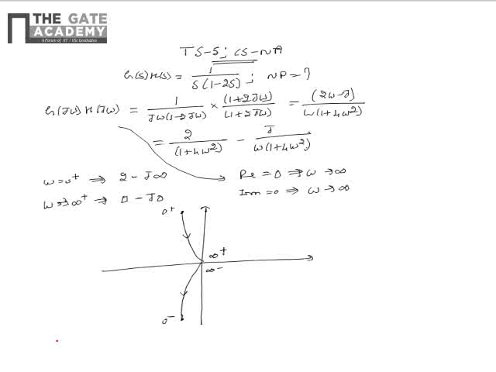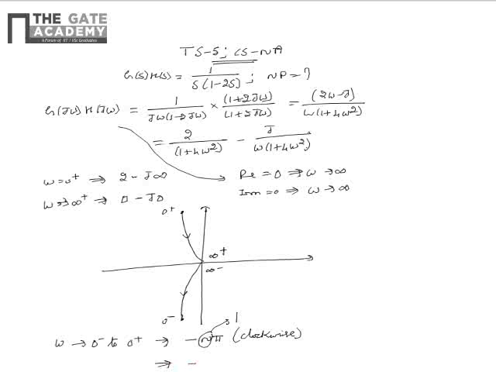Now we see that as omega is varied from 0 minus to 0 plus, the amount of encirclement of the Nyquist plot around origin is given as minus n pi, and this encirclement will be in the clockwise direction, where n is the type of the system, and for the given system n is 1.